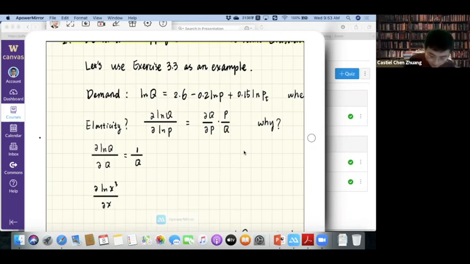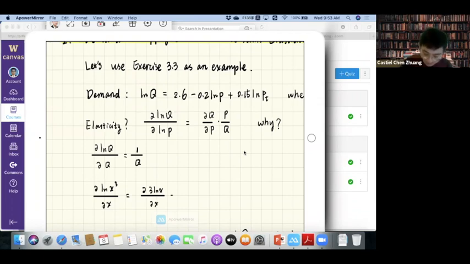So before doing this, you can actually take the exponent down, take it out of the natural log, so it will become 3 times log of x, okay? And then this 3 is just a scaling factor.